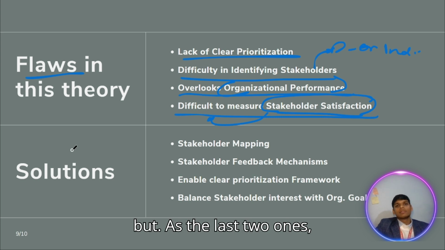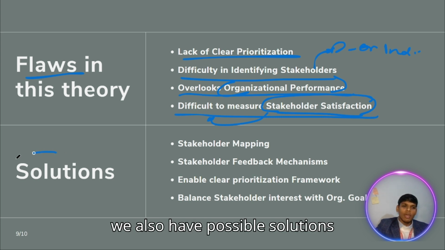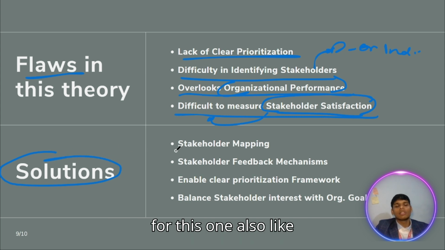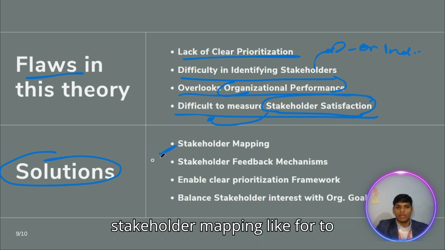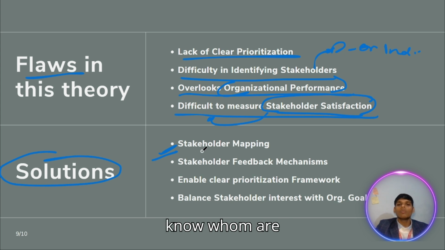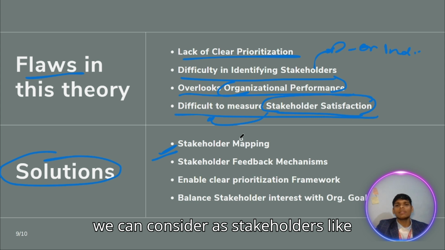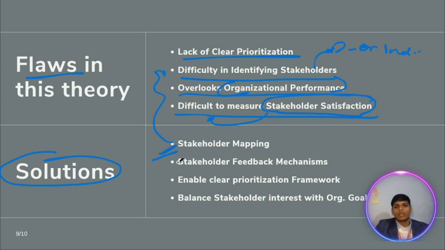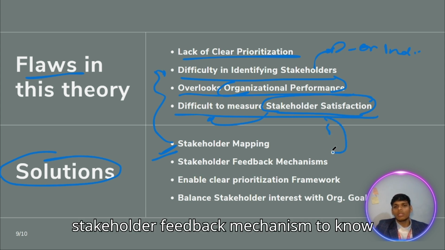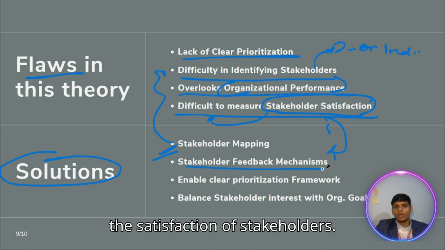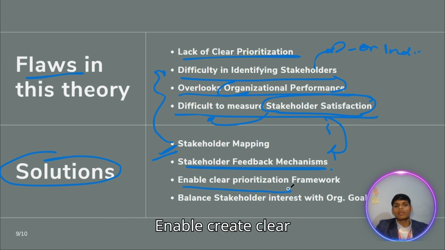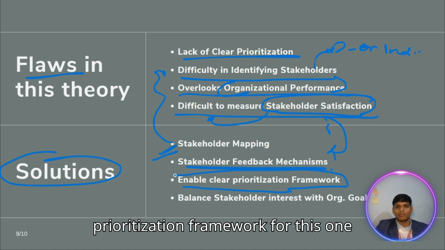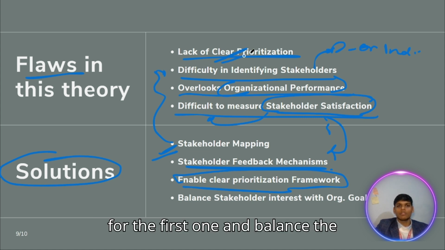But as with the last two, we also have possible solutions for this one, like stakeholder mapping, to know whom we can consider as stakeholders. This will answer the difficulty of identifying the stakeholders. A stakeholder feedback mechanism to know the satisfaction of stakeholders, and enable a clear prioritization framework for the first one.